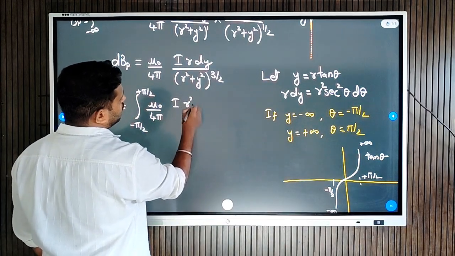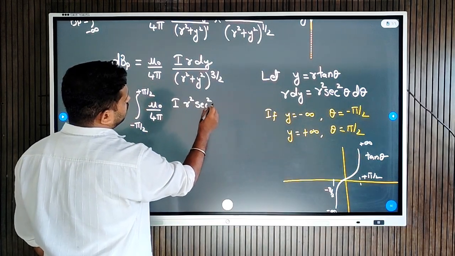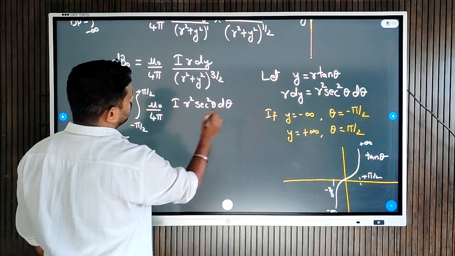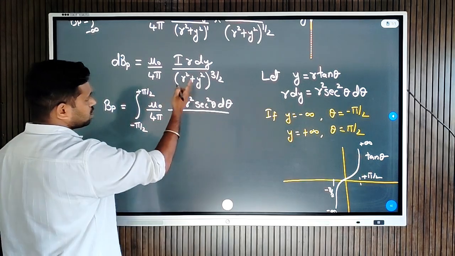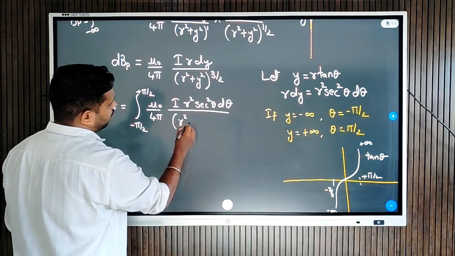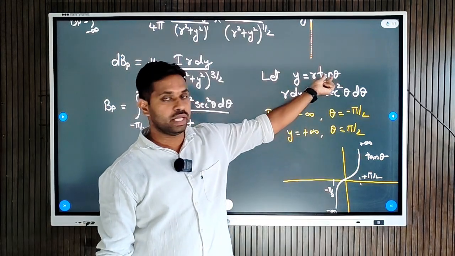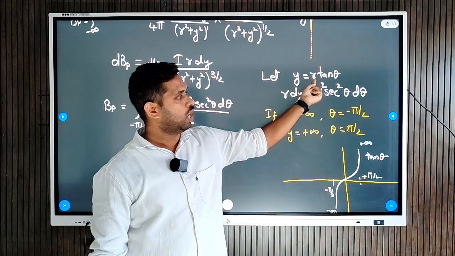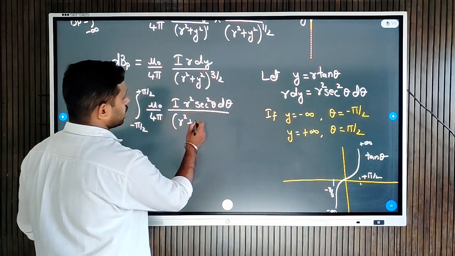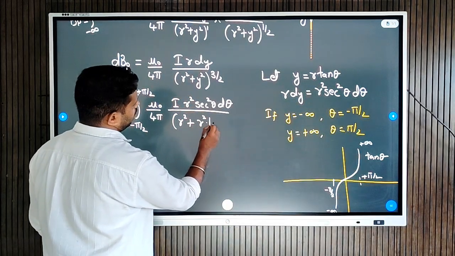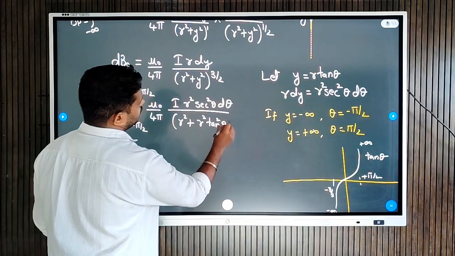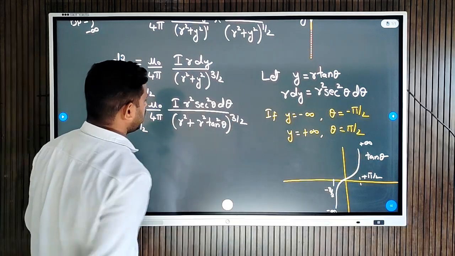I r squared sec squared theta d theta, whole divided by r squared plus y squared. So y is r tan theta, so y squared will be r squared tan squared theta. So that will be r squared plus r squared tan squared theta, whole raised to the power 3 by 2.